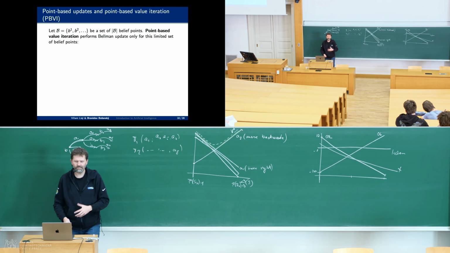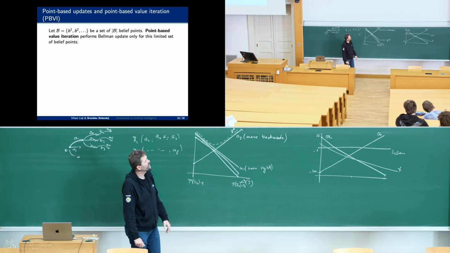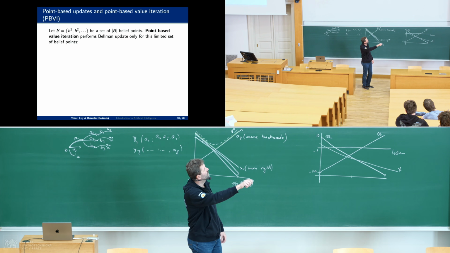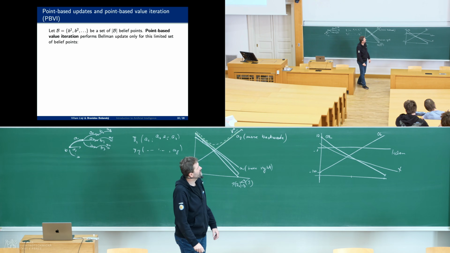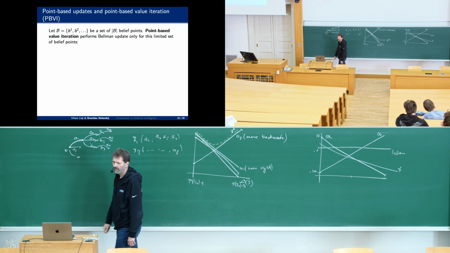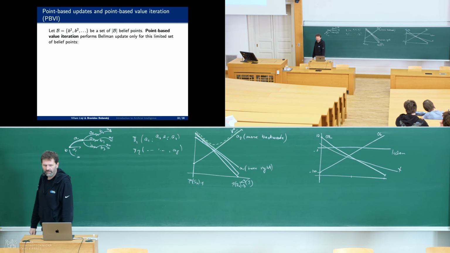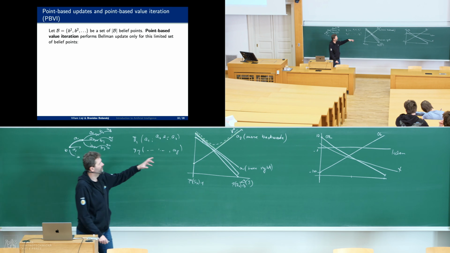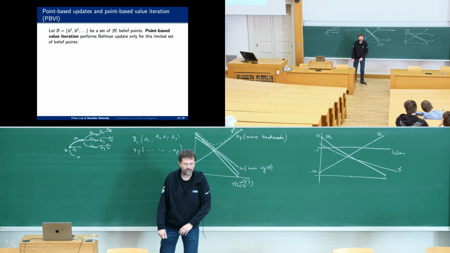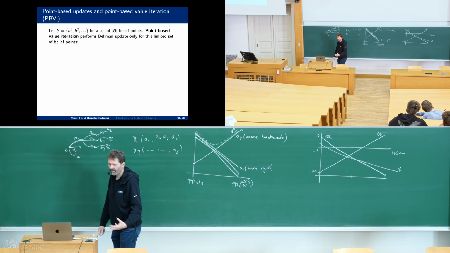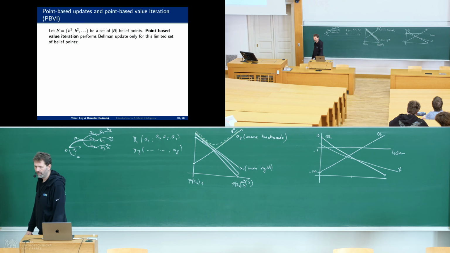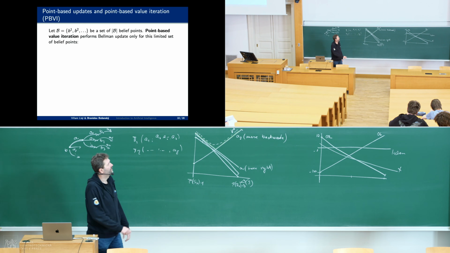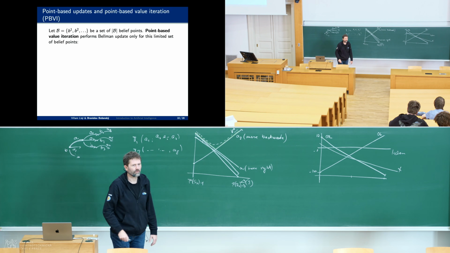And this leads to a family of algorithms based on so-called point-based updates and the point-based value iteration algorithm. The main difference is that we will not add and remember all the alpha vectors. We'll say, okay, I will have a finite set of belief points, and I will remember only one alpha vector for each belief point.